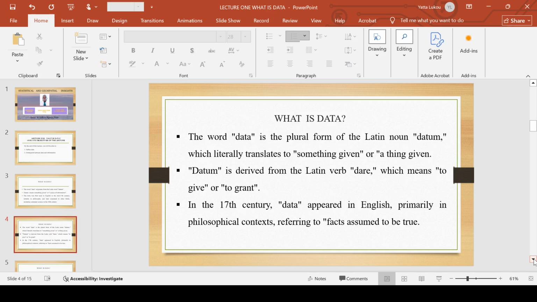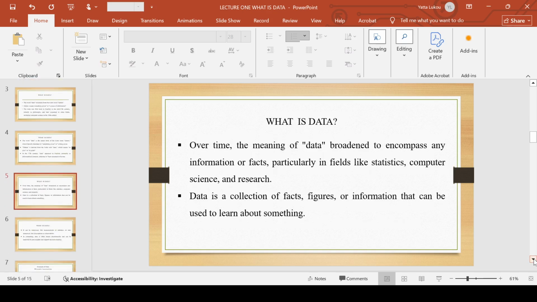However, in the 17th century, data appeared in English primarily in philosophical contexts, which means facts assumed to be true. Over time, the meaning of data widened to include any information or facts, especially in fields like statistics, computer science, and research.